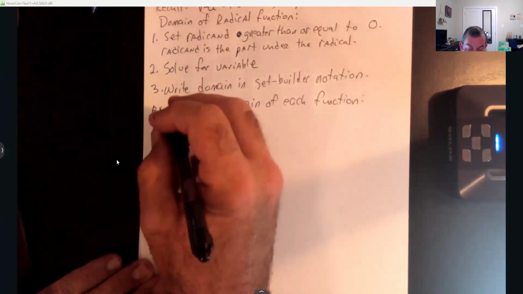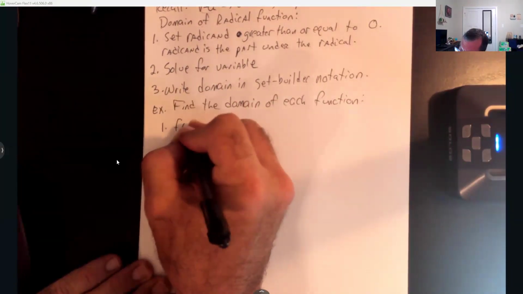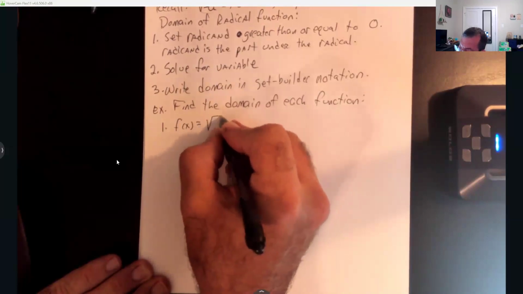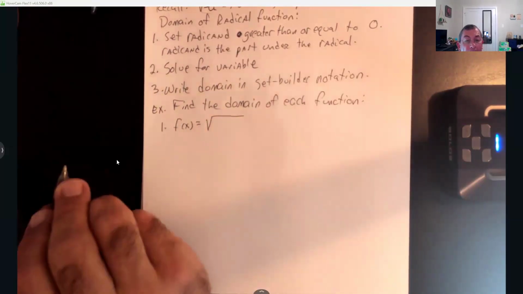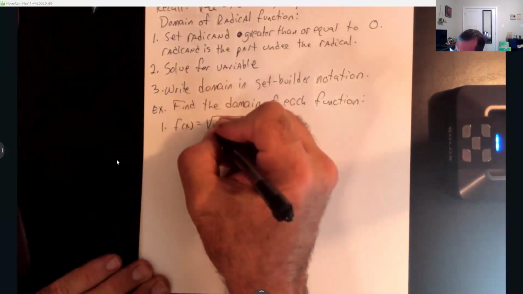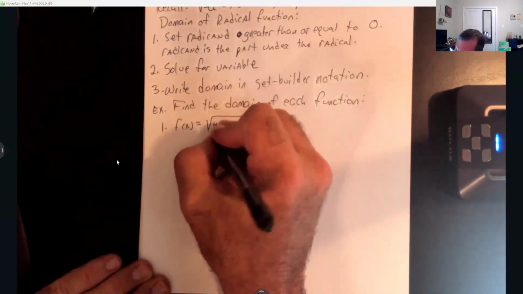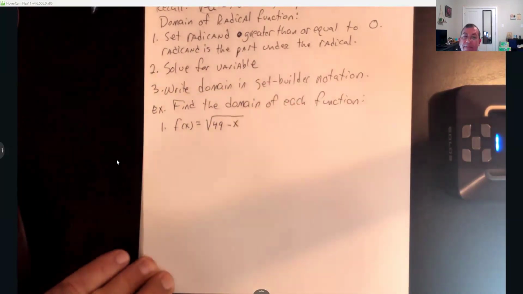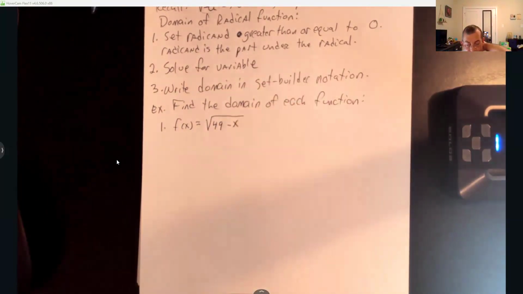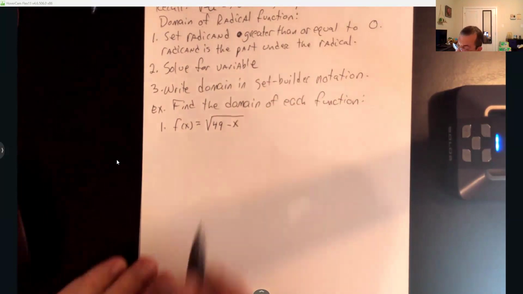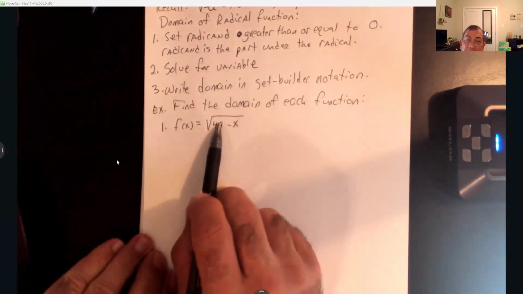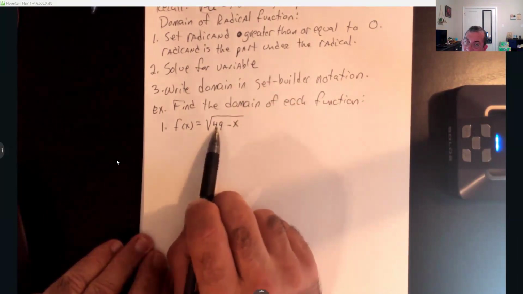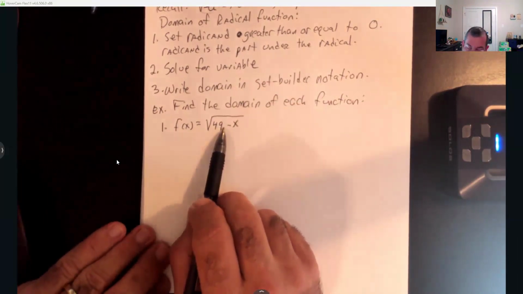Okay, so number 1, they're giving me f of x equals the square root of 49 minus x. So y'all remember the domain of this has to be values of x that I can put into here and get a real number out of it.